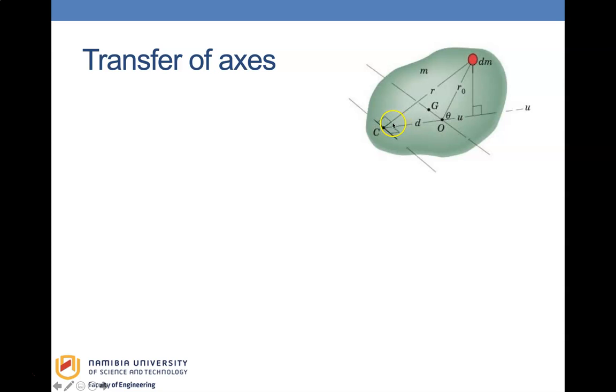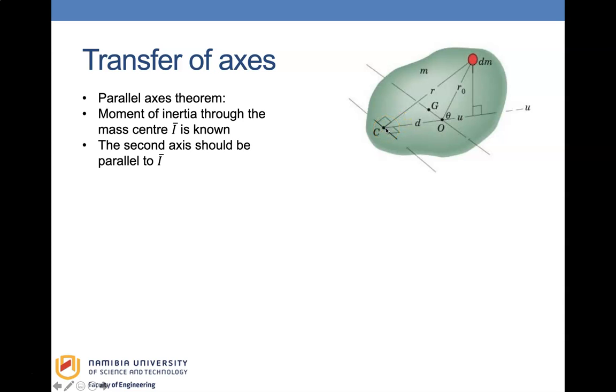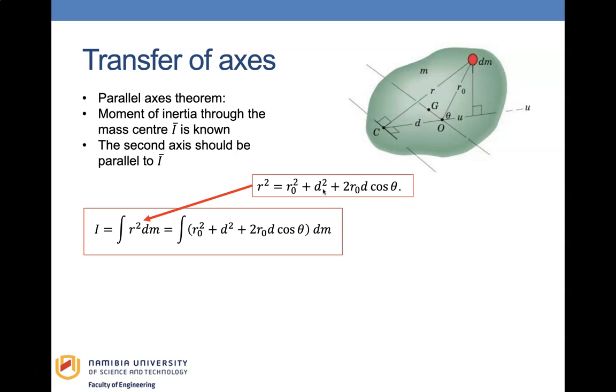From the cosine rule, we can find r squared equals r0 squared plus d squared plus 2 r0 d cos theta. We now substitute this into the definition for the moment of inertia, I equals the integral of r squared dm, and we get this equation.